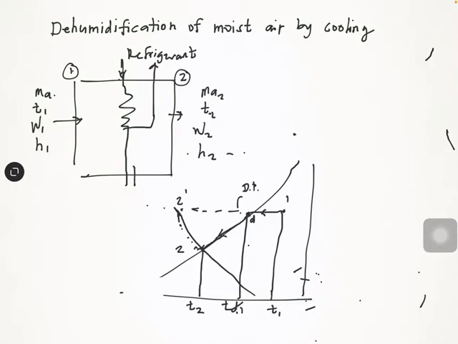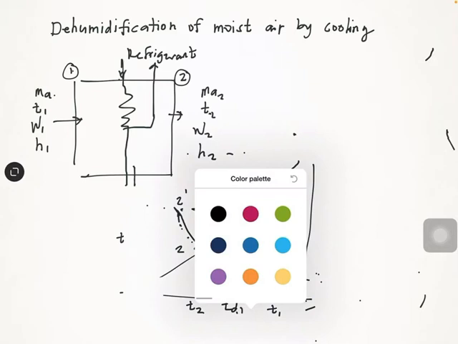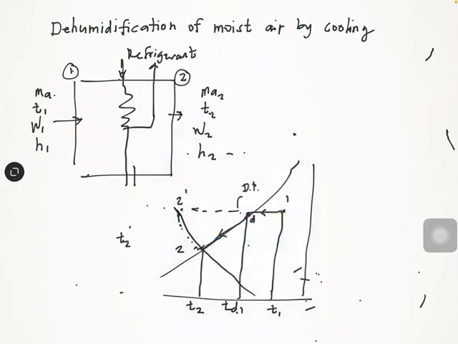We have this T2 prime is equal to T2, and this is equal to temperature of your wet bulb. Another one.